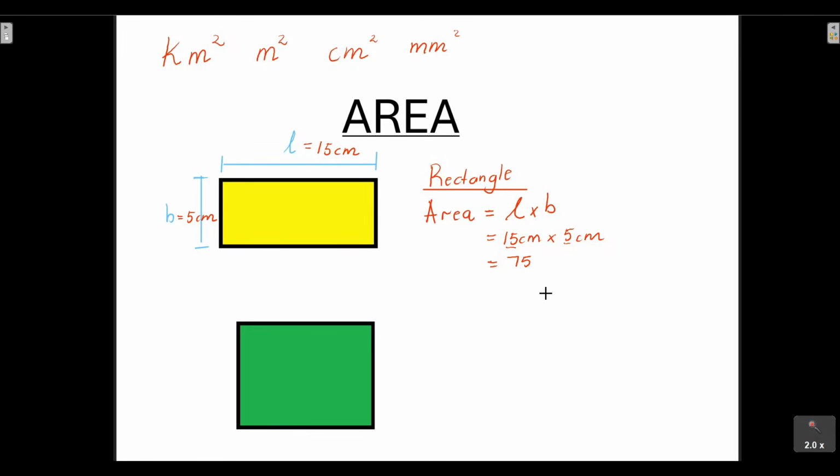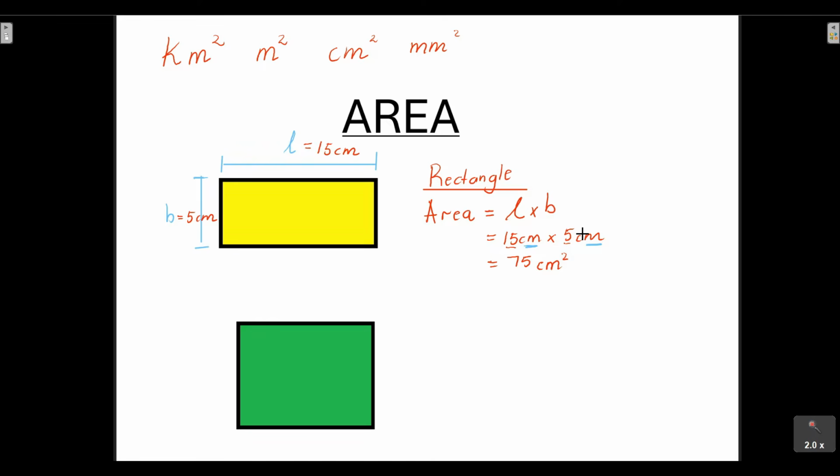And why did I say that the units for area are centimeters squared, millimeters squared, meters squared, kilometers squared? Because if you take centimeters and multiply with centimeters, the units you get will be centimeters squared.